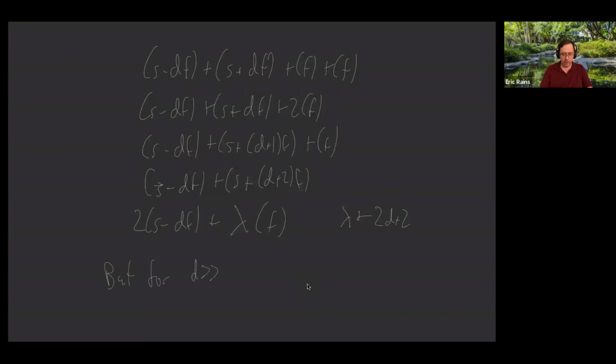So the point is, for D much bigger than 0, that component, S minus DF, which is forced to be in the anticanonical curve because it has self-intersection smaller than -2, has negative intersection with our chosen divisor class.